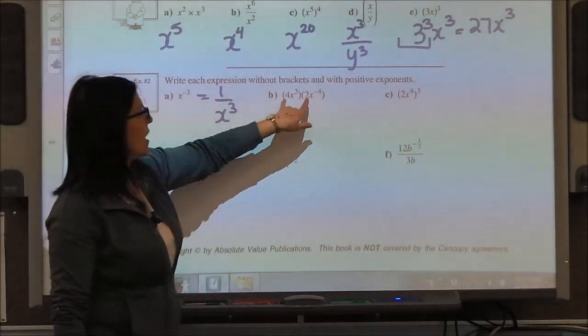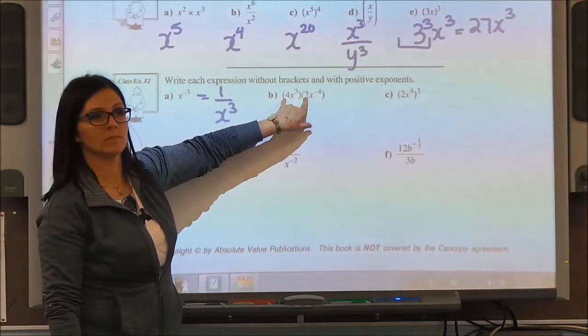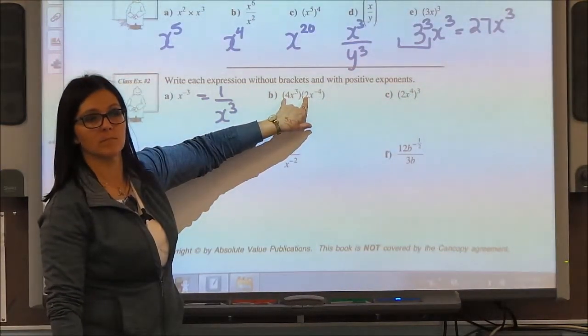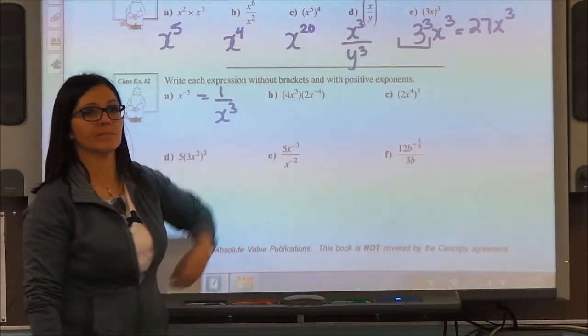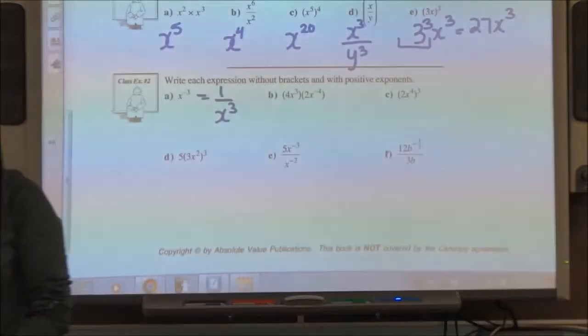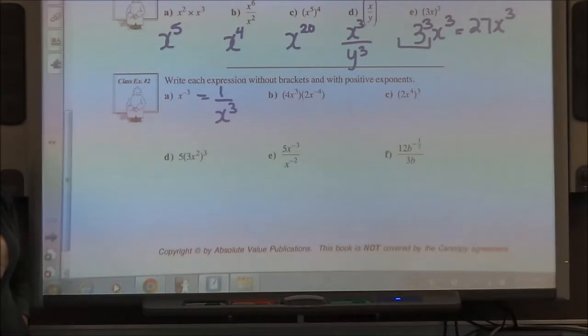So what do I do with the coefficients, the 4 and the 2? Anything special? What operation's being done?